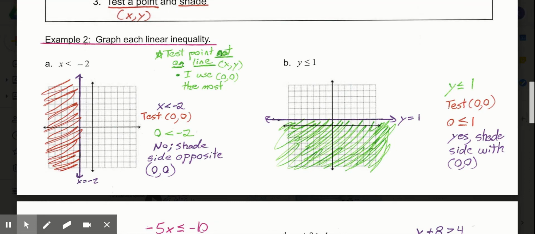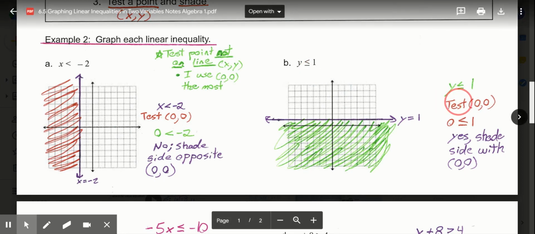So in example B, we have y is less than or equal to 1. So in this case, I have a horizontal line at 1, and it's a solid line because it is less than or equal to. Then I'm going to test to see which way to shade. So again, I'm going to use 0, 0.